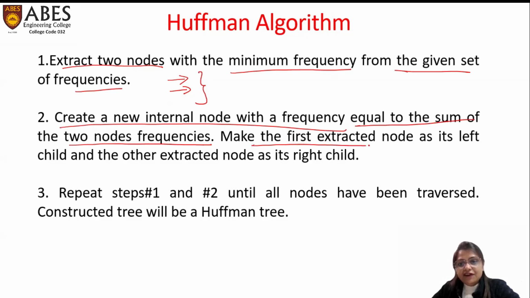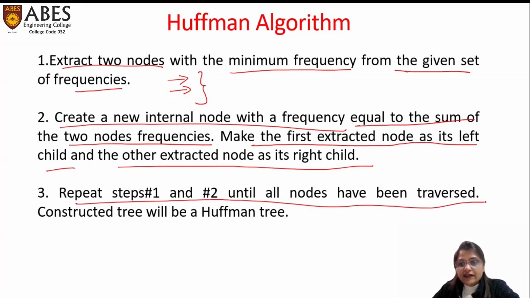Then make the first extracted node its left child and the other extracted node its right child. Then we will repeat this procedure until all the nodes have been traversed, and the constructed tree will be known as a Huffman tree. Let us understand this concept with the help of an example.